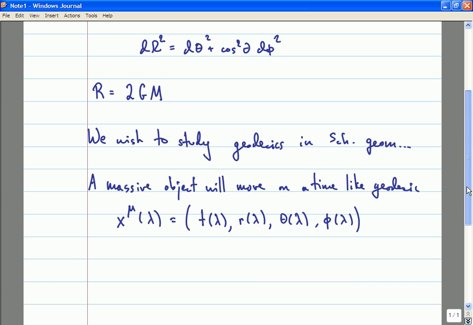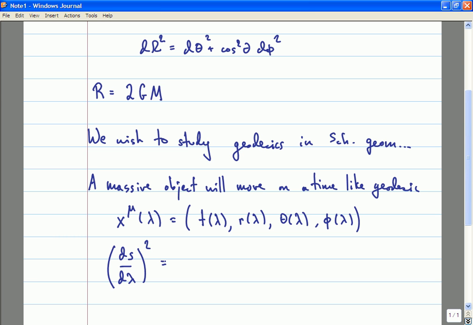Okay, so what does it mean that we have a time-like geodesic? Well, that means that if you compute ds by d lambda, which is the change in the proper length along the geodesic with respect to the quantity lambda, then that is going to be a time-like quantity, meaning that its square will be negative.